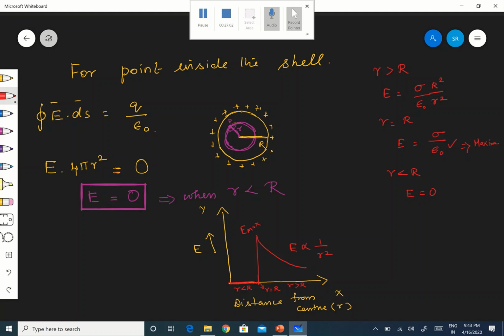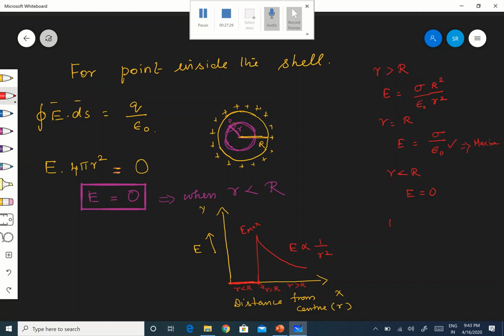Is it clear? Therefore r less than R means 0. R equal to R means the maximum value, sigma by epsilon naught. And when small r is more than capital R, E is inversely proportional to small r squared.